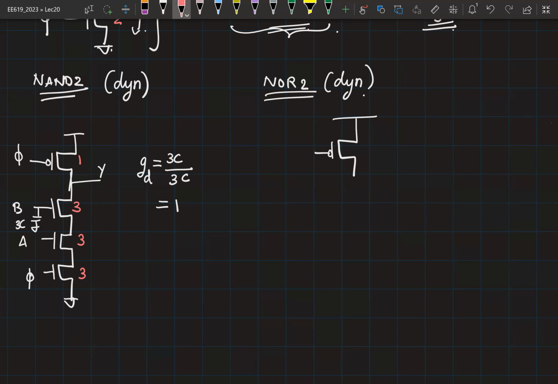Now for the NOR 2 circuit, again, we are not worried about the pull-up strength, assuming that it is able to pull up the voltage in half a clock period. So we put it at minimum size.